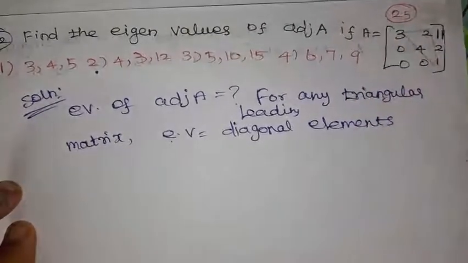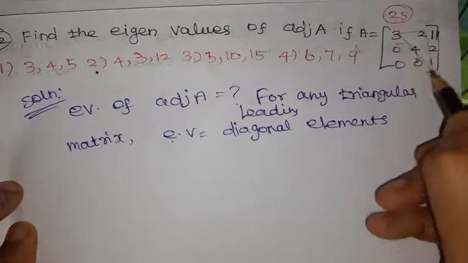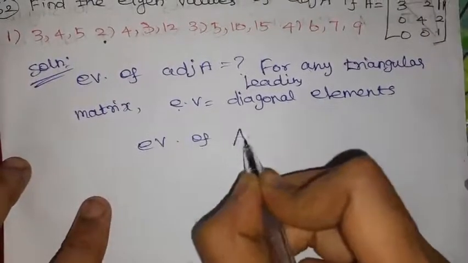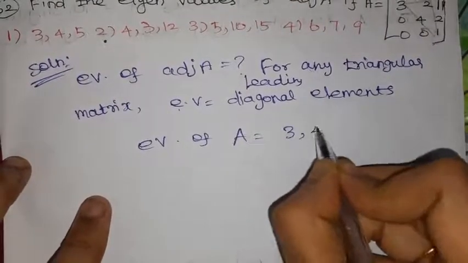What are the diagonal elements here? 3, 4, 1. So the eigenvalues of matrix A are 3, 4, 1.